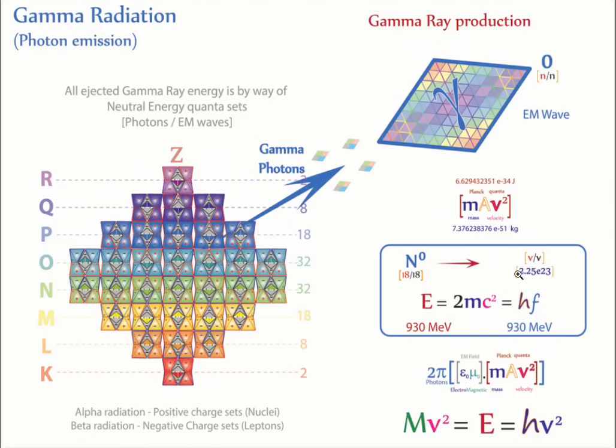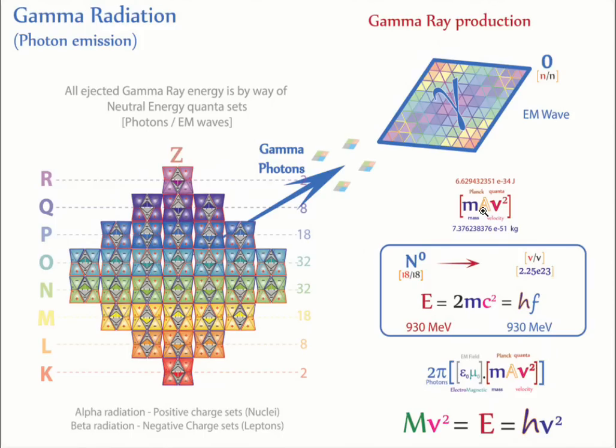Again, we can also relate that back to the quanta for the charge geometry of the photon itself, EM waves. We can use the unified field equation for energy, as we have done, and we've shown that energy can be written as Planck's constant, nu squared for squared energy levels.